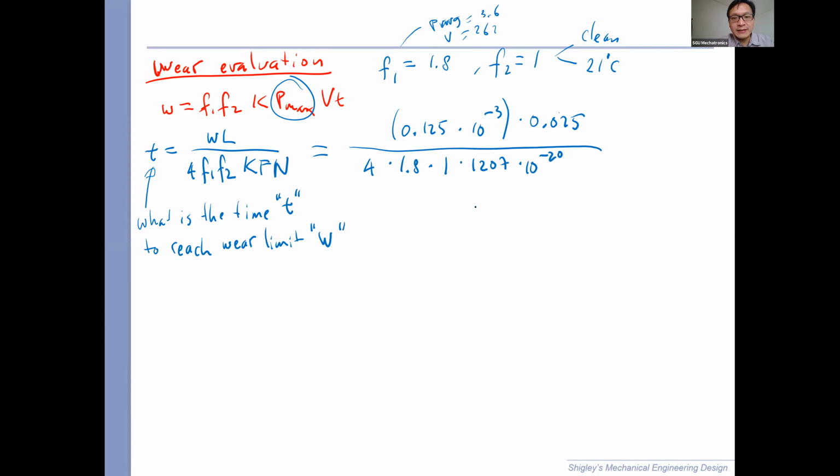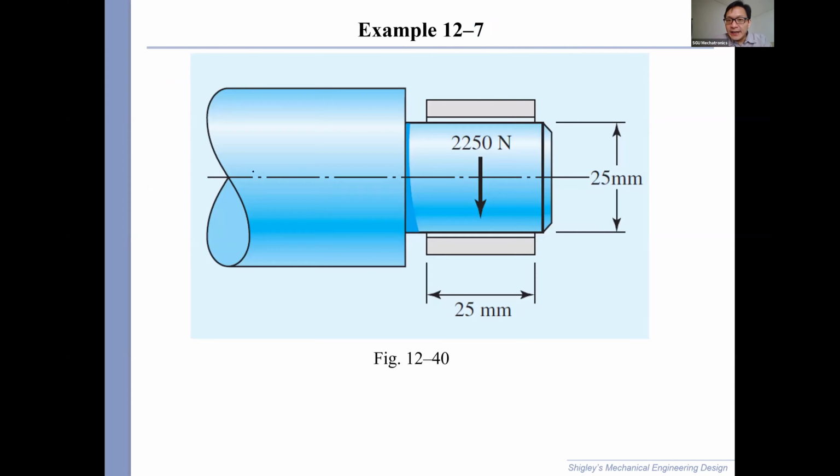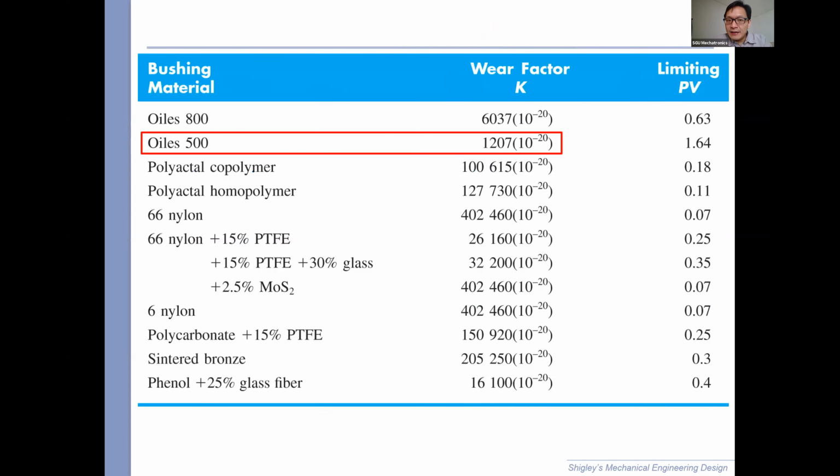Okay, where do I get this from? 1207 times 10 to the minus 20. This is the K, and K is here. Wear factor is a material property.